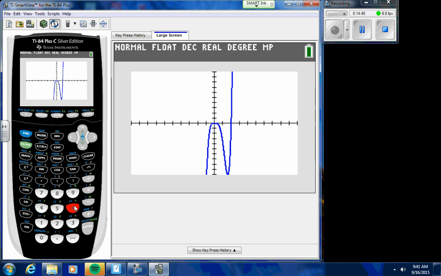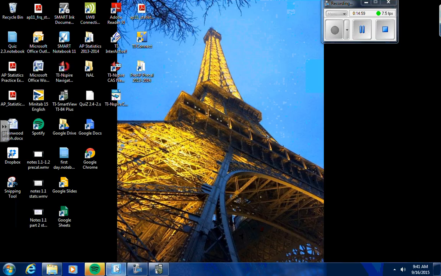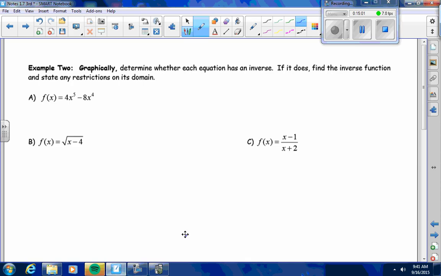But once I put it horizontally and move it up and down the graph, we'll see it hits the pencil sometimes 3 times. Okay, so fails the horizontal line test. So no inverse.